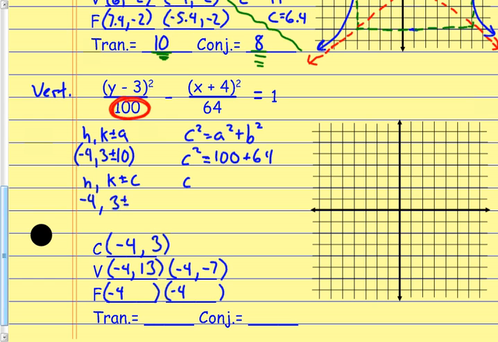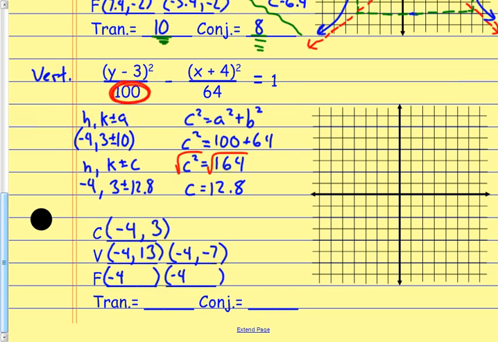And now from here, I just have to take the square root of each side. So I find out that c equals approximately 12.8. So then I put the 12.8 here. I do the 3 plus 12.8, gives me a 15.8. I do the 3 minus the 12.8 gives me a negative 9.8.